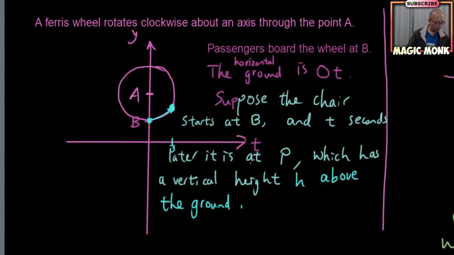And h equals negative 10 cosine pi t over, I can't even read this. It looks like 15, but it could also be 1.5. God, I think I'm going blind.